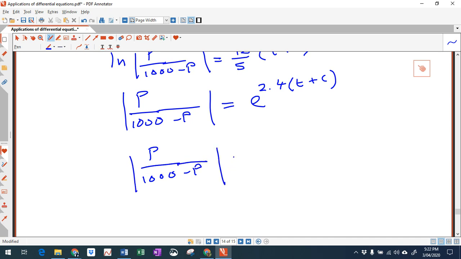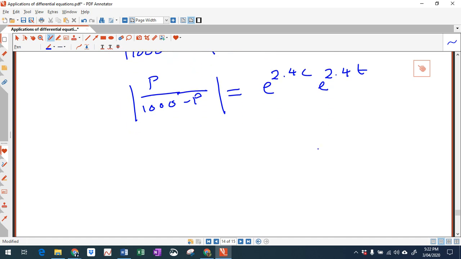absolute value, which is equal to, now we'll split this up. We're going to make this as E to the 2.4C times by E to the 2.4T. Now, to get rid of the absolute value sign, we're just going to put a plus or minus on the other side.